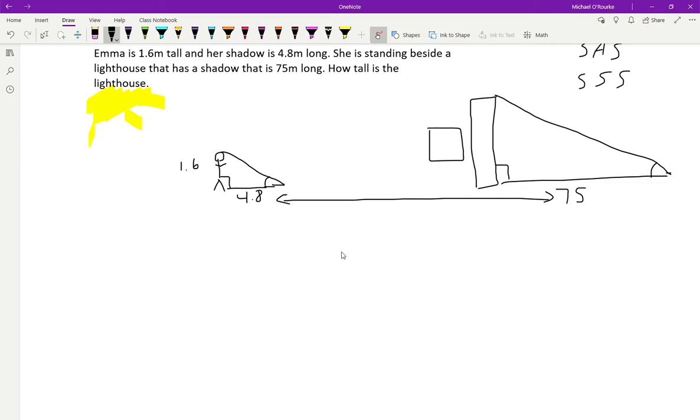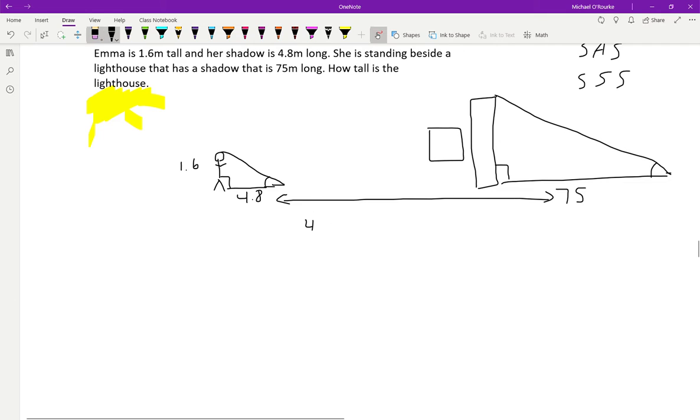It's exactly like the questions we did before. 75 divided by 4.8. Good.